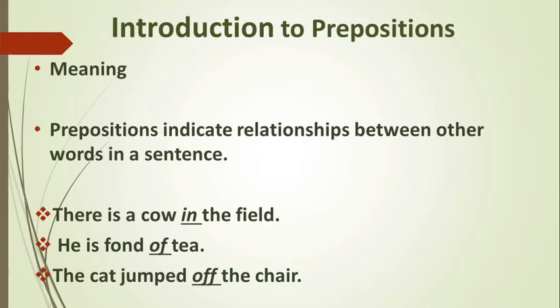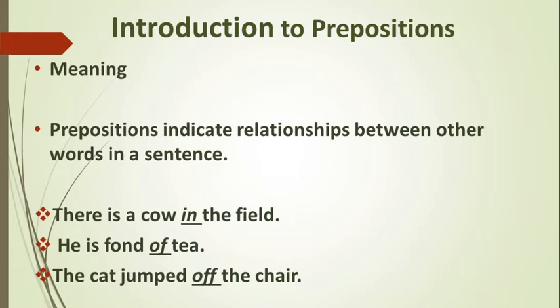Let us look into the examples. There is a cow in the field. He is fond of tea. The cat jumped off the chair. So, in the first sentence, the word in shows the relation between two things, cow and field. Here, the preposition joins a noun to another noun.